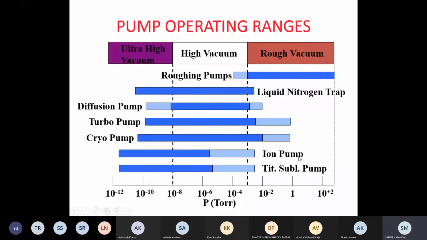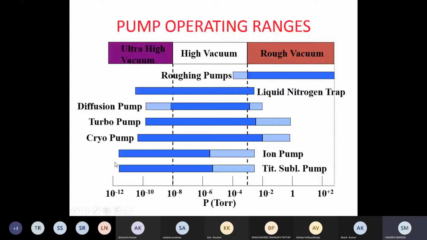But the question is, when I can use a low-cost pump, why should we go for such a high-cost pump? That's why, for high vacuum, the diffusion pump and the turbomolecular pump are widely used. Then if you want ultra high vacuum, all the entrapment pumps will come, like the cryopump. On this side you can see the titanium sublimation pump, ion pump, cryopump coming.